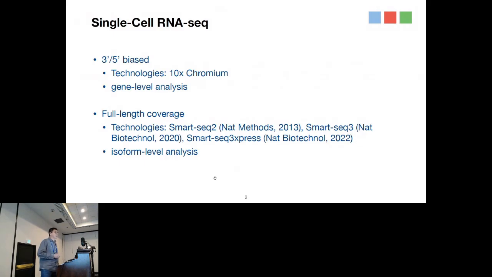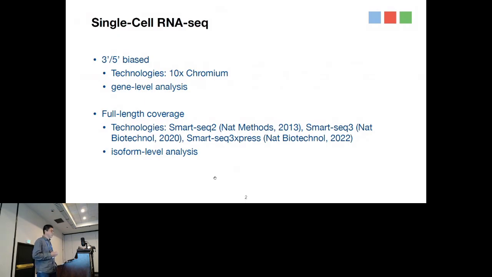3', 5' biased data are very good at gene level analysis, but they are not suitable for isoform level analysis, simply because the reads cannot cover the whole molecule and therefore cannot be used to distinguish different isoforms expressed from the same gene. The other category is full-length coverage data. For example, they can be generated from technologies like SmartSeq2, SmartSeq3, and more recently SmartSeq3 Express.